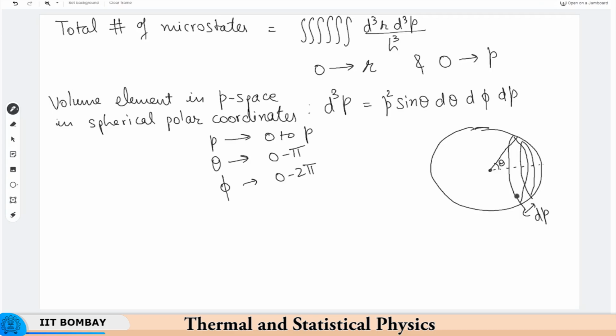Which corresponds to moving along this thin ring which we have cut off from this spherical object which is in p space, right. And the thickness of this shell is dp, and there is an appropriate thickness which corresponds to a certain component here, and most importantly the limits go from 0 to p, 0 to pi and 0 to 2 pi, all right.